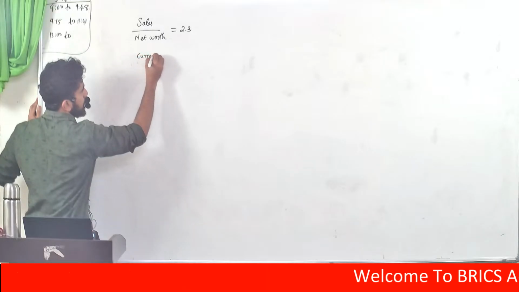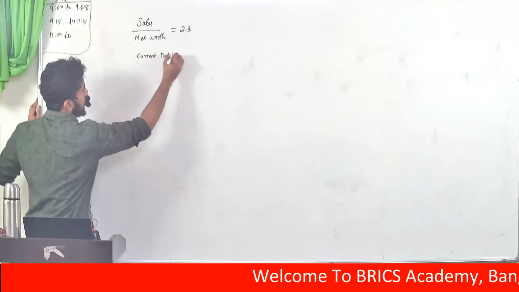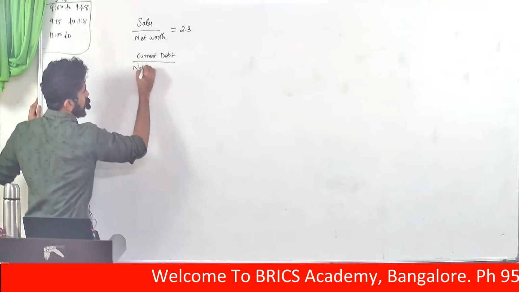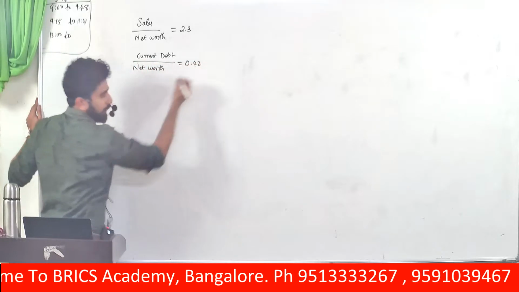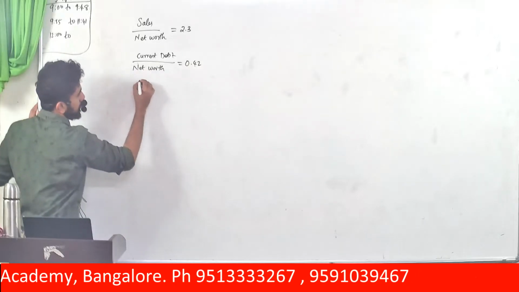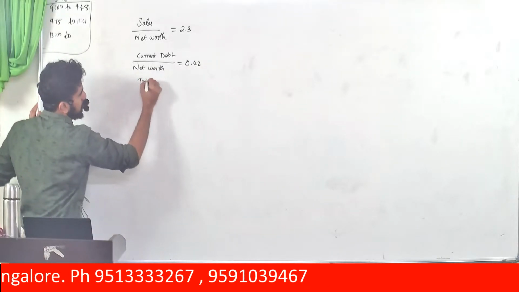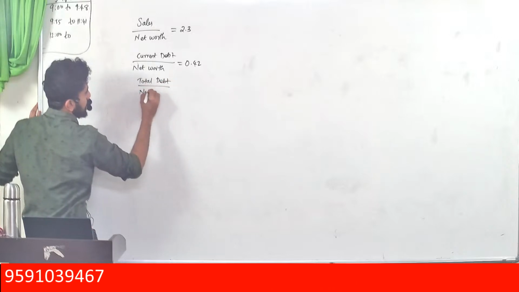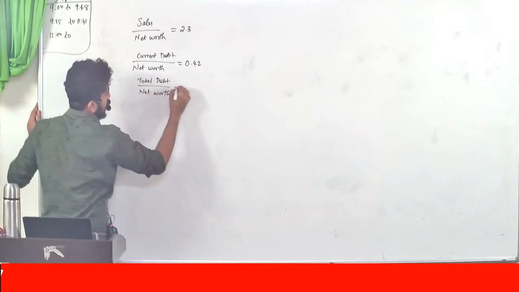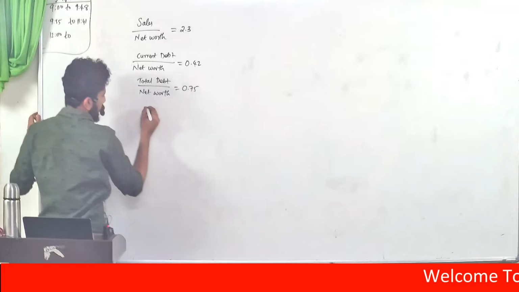Current debt to net worth is 42%, let me write 0.42. Total debt to net worth is 0.75 or 75%.